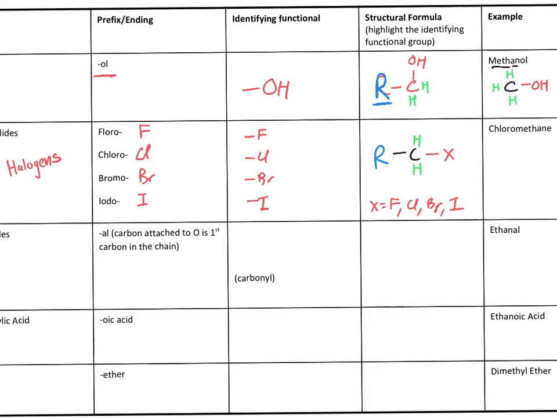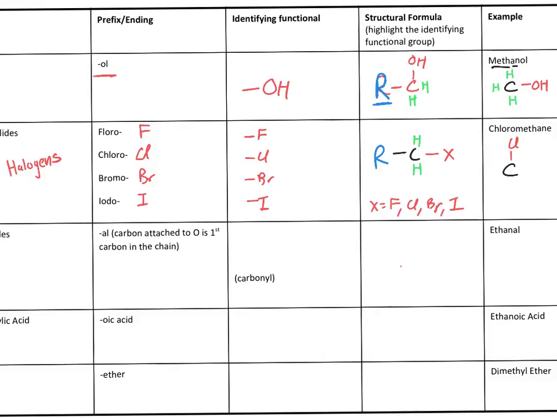Now, in the case of the example, chloromethane, it's a different compound, but it is a hydrocarbon that would have chlorine in it. Chloromethane would be a 1 carbon long chain with the chlorine attached to it somewhere, and we've already talked about that a little bit.